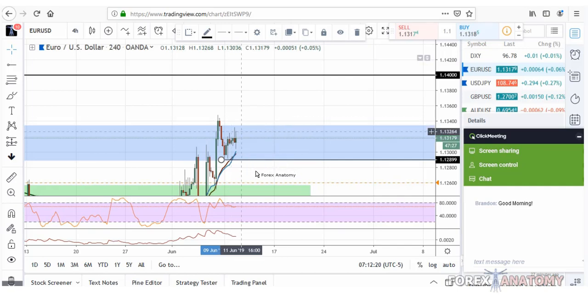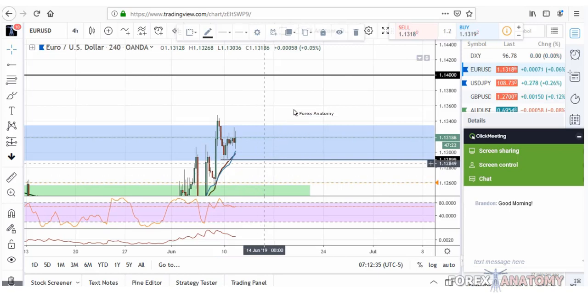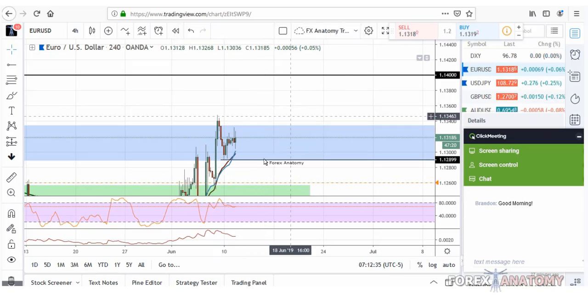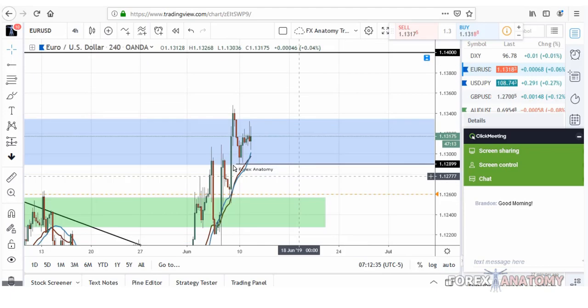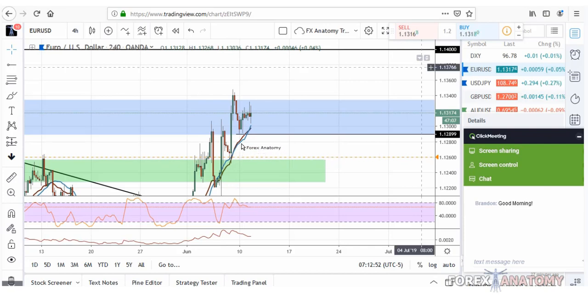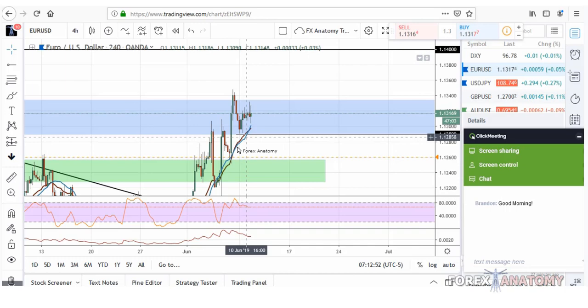And the reason why I say you never know is because if you look at your 20 simple moving average lines, let me just drag this up so you can see it. This blue line right here represents our 20 simple moving average line. And as you guys can see, this blue line is sloping upwards.